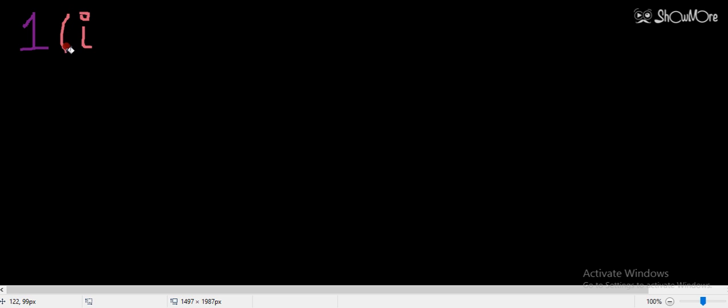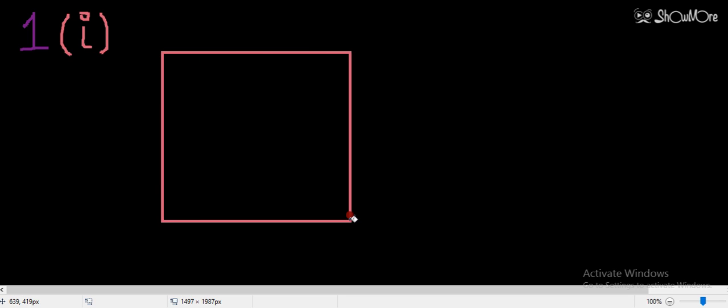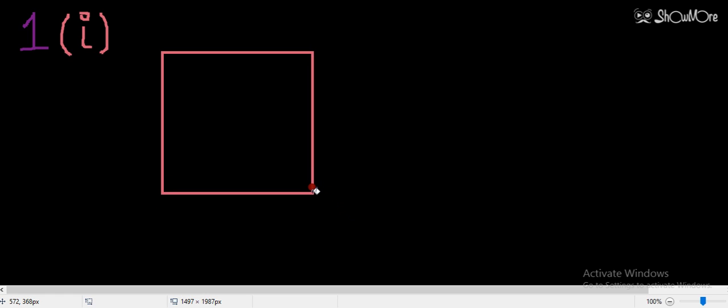There are two parts in question number one. Two squares are given, one square and another square. So the left side square, or first part, I am drawing here. According to the first part, let's suppose this is the square which is given to me.